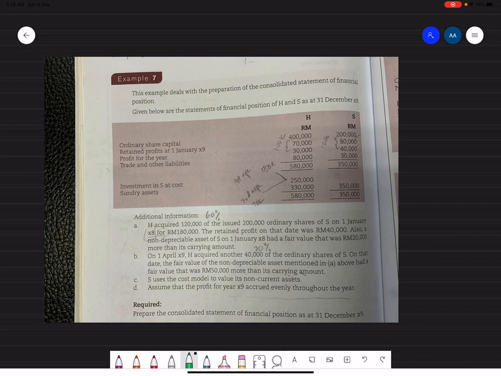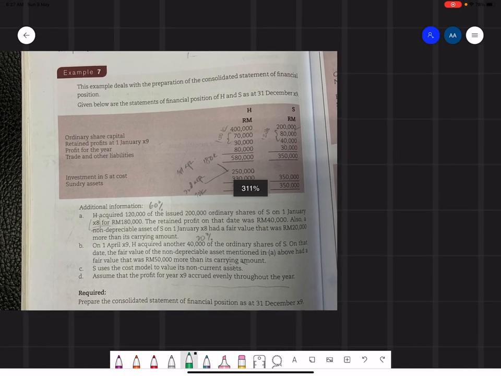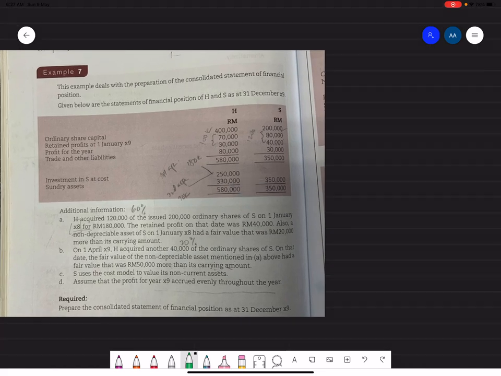The retained profit on that date was 40,000. Also, a non-depreciable asset of S on 1st January X8 had a fair value that was 20,000 more than its carrying amount. Okay, so looking at the group structure.